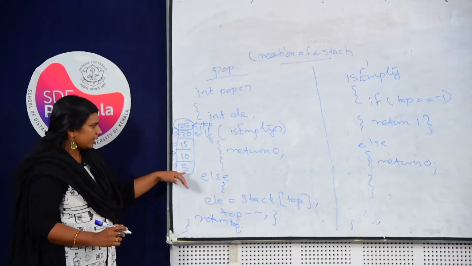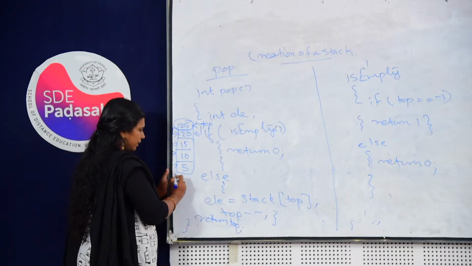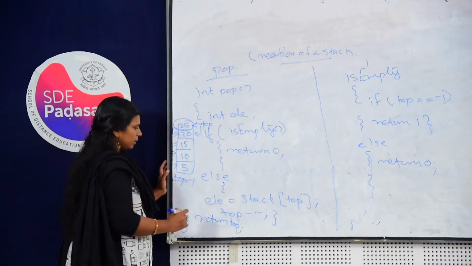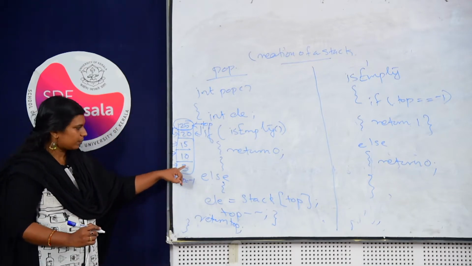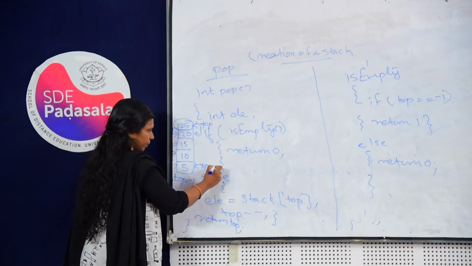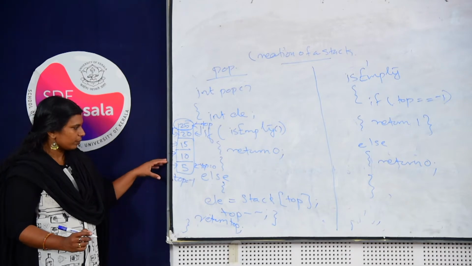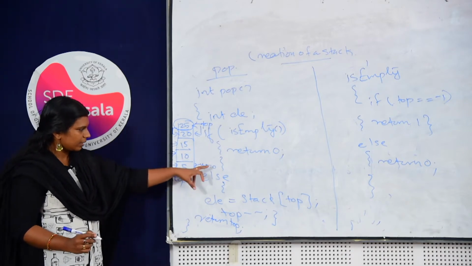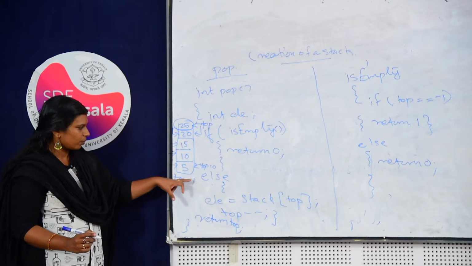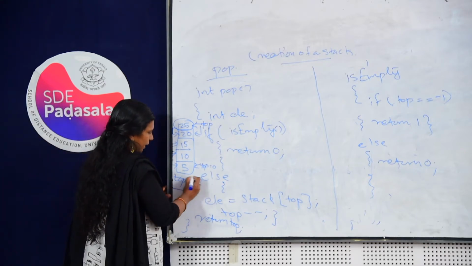That is, at the end of this popping operation, we will reach a situation that top equal to minus 1. That is, when top equal to 0, the stack contains a 5. When this 5 is also removed, we decrement the value 0 minus 1, and top will contain a minus 1.